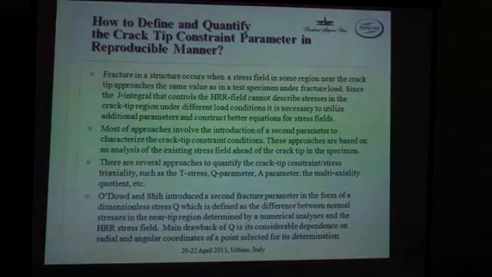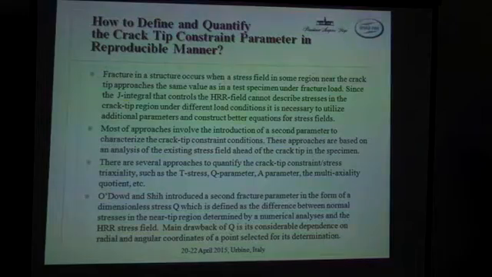Since the J integral that controls the Hutchinson-Rice-Rosengren field cannot describe stresses in the crack tip region under different load conditions, it's necessary to utilize an additional parameter and construct a better equation for the stress field. There are different approaches which can be involved, the introduction of a second parameter to characterize constraint conditions.